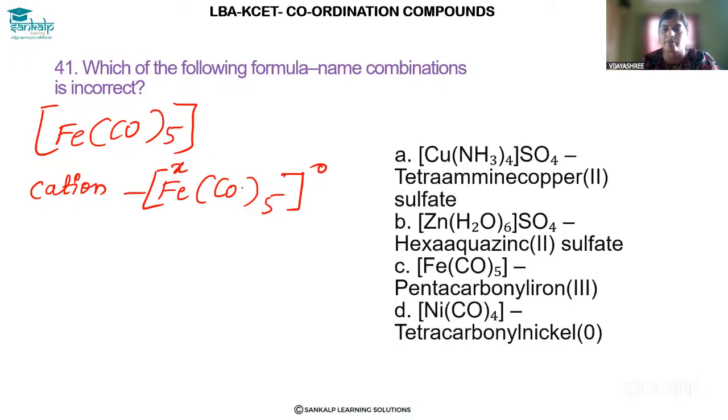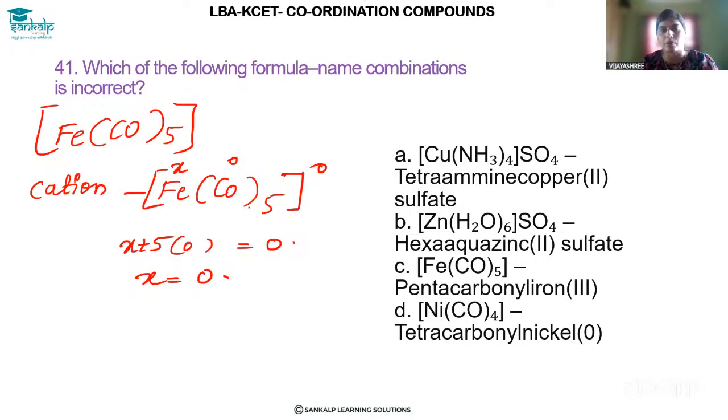Take it as X. The charge of the carbonyl ligand is 0; it is a neutral ligand. So X plus 5 into 0 is equal to 0. So X equals 0. The oxidation state of iron is 0 here.